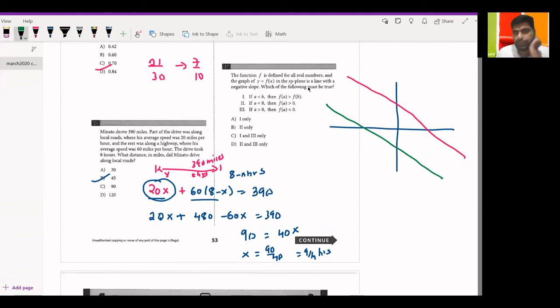If A is less than B, so let's say this is A, this is B, f of A is greater than f of B. f of A is going to be this point, and f of B is going to be this point. So 1 is obviously greater than 2, so it works out. Let's check for the second line as well.